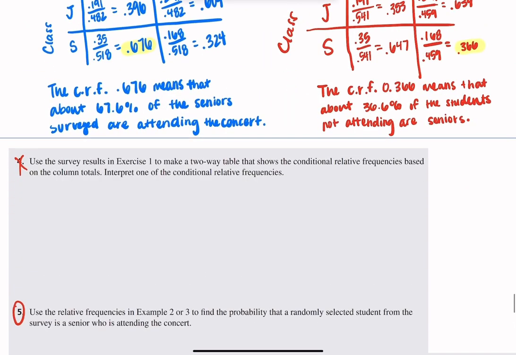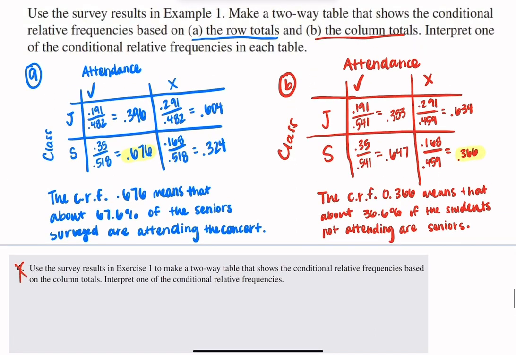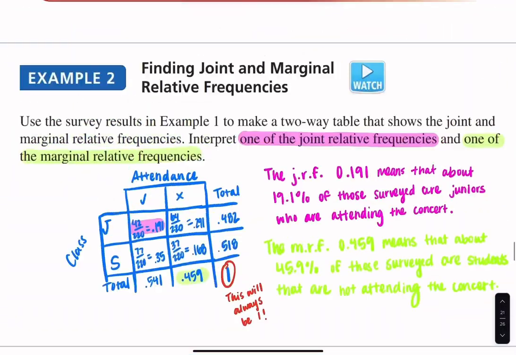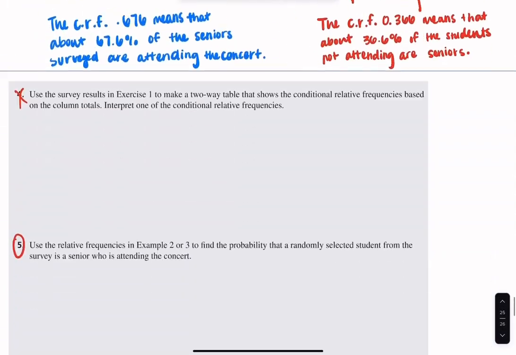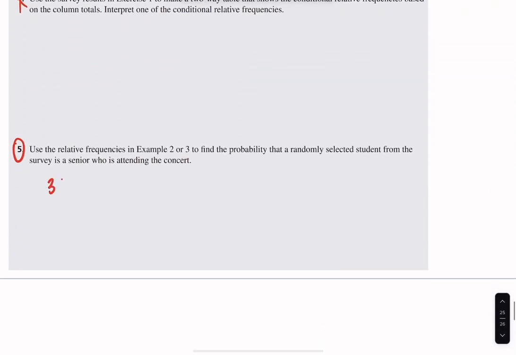So examples 2 or 3. We'll just look here: senior attending the concert. Looking at example 2, because that's going to tell us the probability, is right there, 0.35 or 35%.